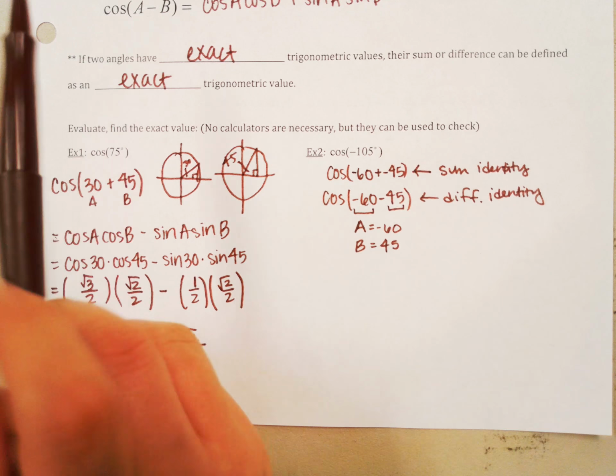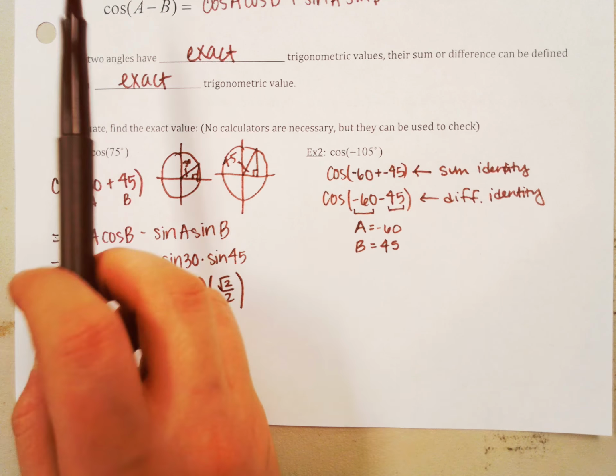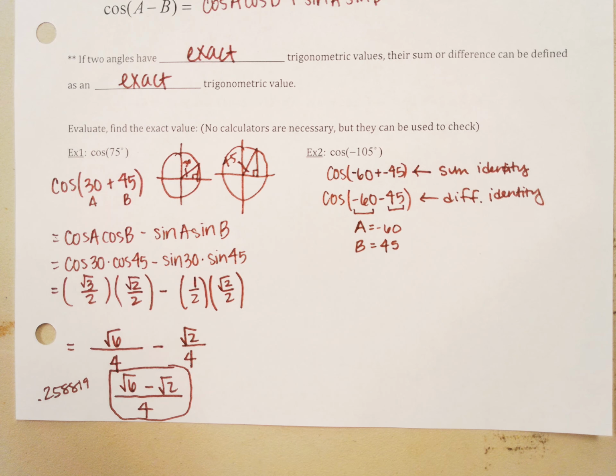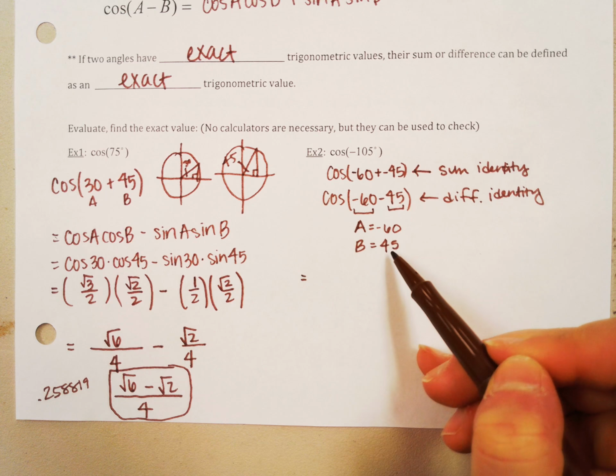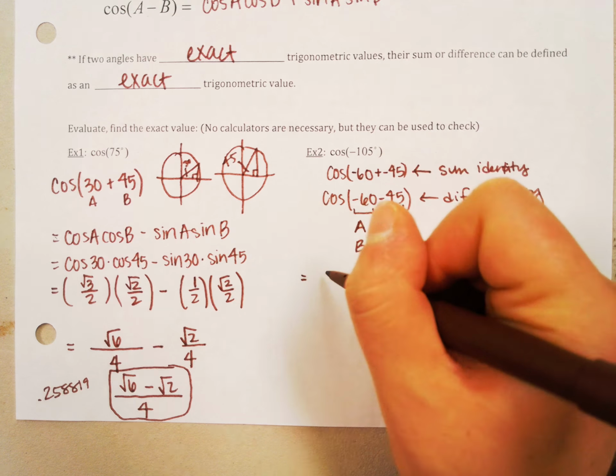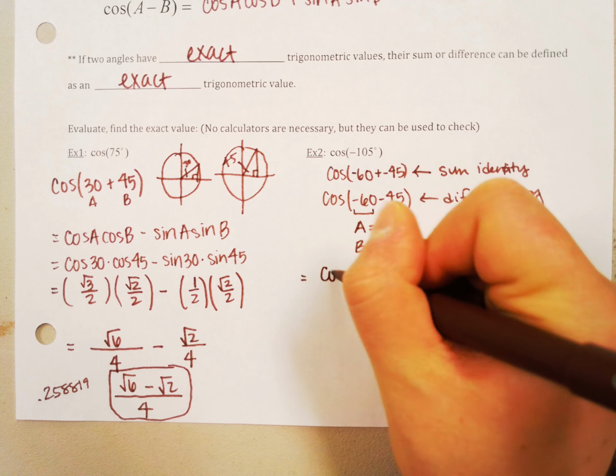So you never actually have to know the difference formula. You could always just use your sum and add on a negative. It's up to your preference. But I'm using the difference identity just because we used the sum identity over here, so it's a little bit different. So our A value is negative 60 and our B value is 45. Again, I'm going to write out our formula.